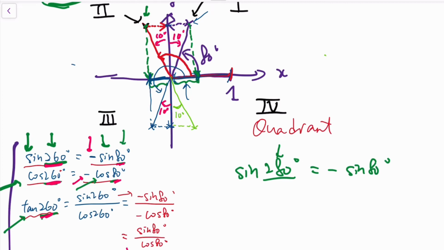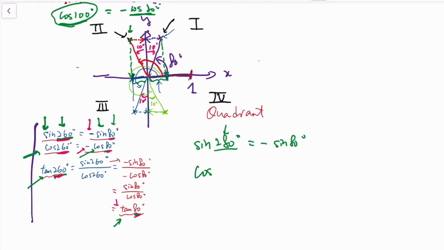But if you go from the positive x-axis to the negative y-axis, you need to rotate 270 degrees. So if you rotate 10 more degrees, that's 280. Secondly, it is negative simply because in quadrant 4, your y coordinate must be negative. So sine 280 is negative sine 80.